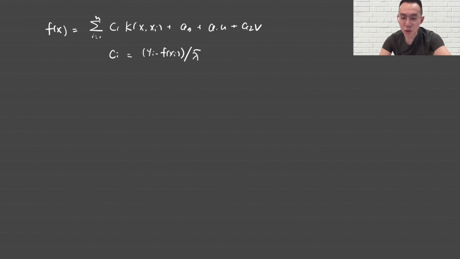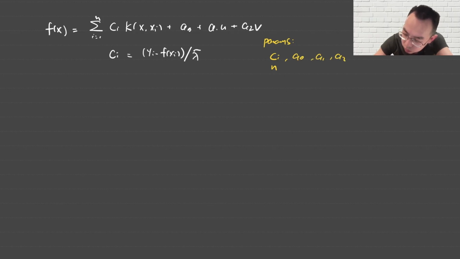Okay, now let's rewrite everything into a linear system that we can solve. The parameters can be solved, right? So the parameters here are the ci. There are n parameters here, and then A0, A1, A2, right? So it's n plus 3 parameters in total.